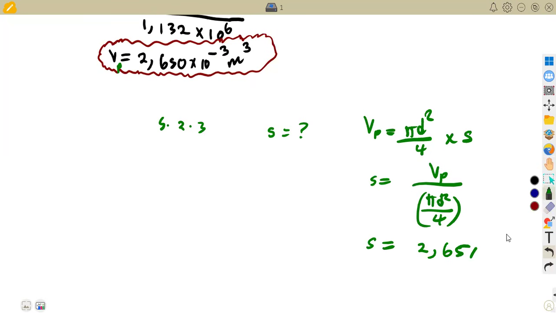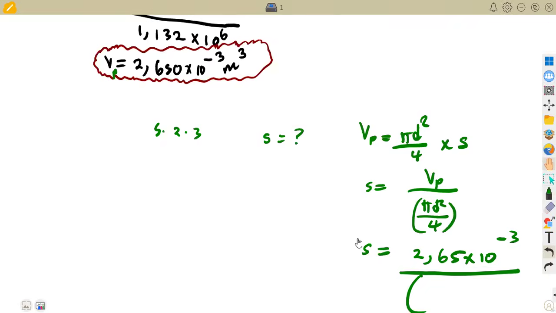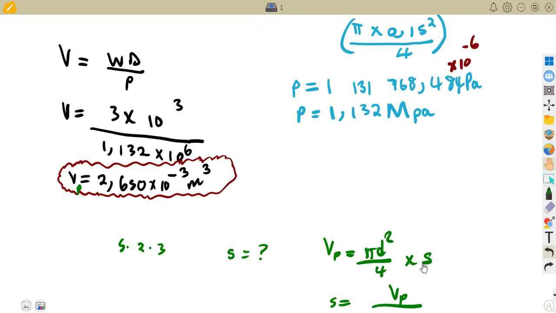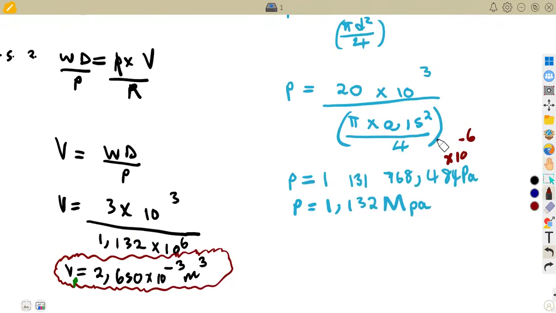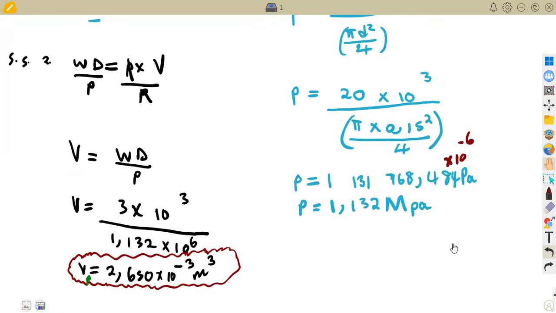So we just have to substitute here the volume of the plunger, that's 2,650 times 10 to the exponent of minus 3. Like I said, the 0 is not important here. Over the area, the cross-sectional area, pi d squared over 4. This is the same pi d squared over 4 that we had previously here. And this was what we obtained, pi times 0.15 squared over 4.